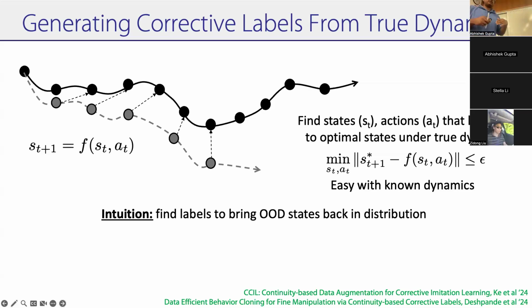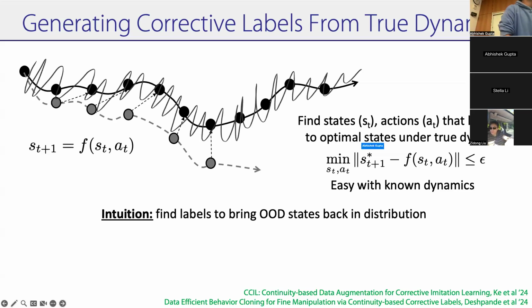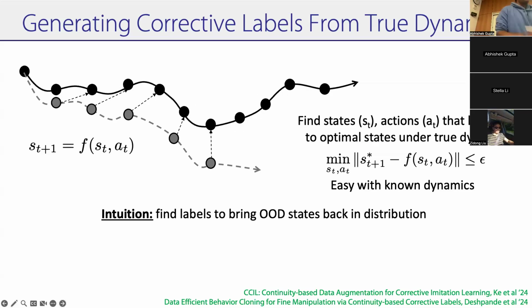You add those to your data set, so your data set goes from something that looks like this to something that has coverage over some region around it. This augments your data, but it's not random augmentation, it's augmentation according to the dynamics of your system, which bring you back to the data.